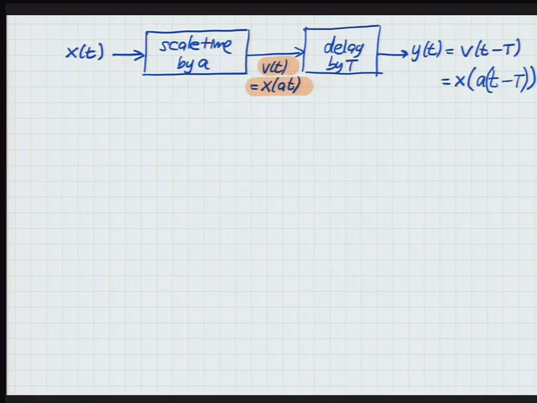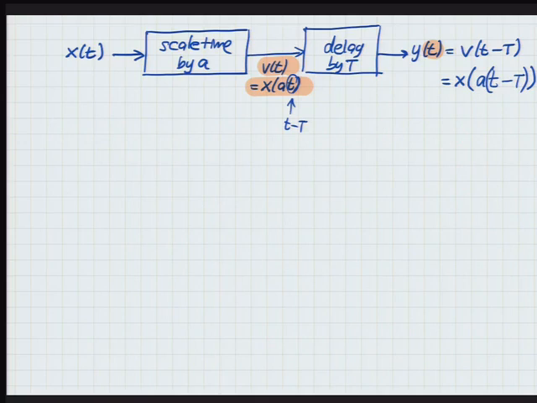So to determine the output at time little t, I'm looking at the input signal at time t replaced by t minus T, right? So basically what I have to do is replace little t by little t minus capital T. And once I do this, this t here gets replaced by t minus T. That's why the whole thing has to be multiplied by a.